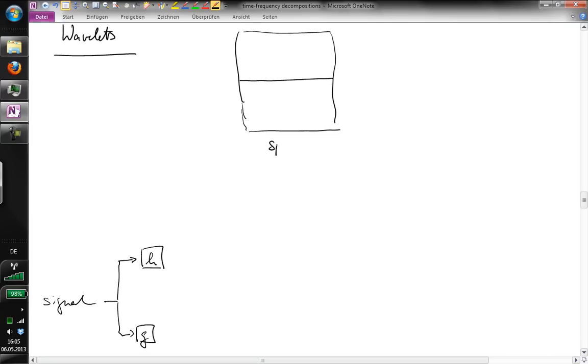So again, here is space or time, and here is frequency or scale. I will somehow divide my signal. This division could be really hard.